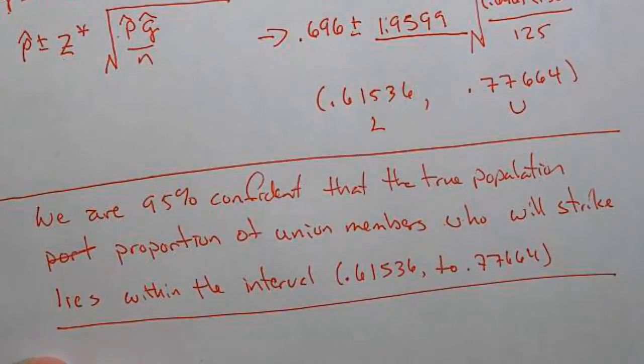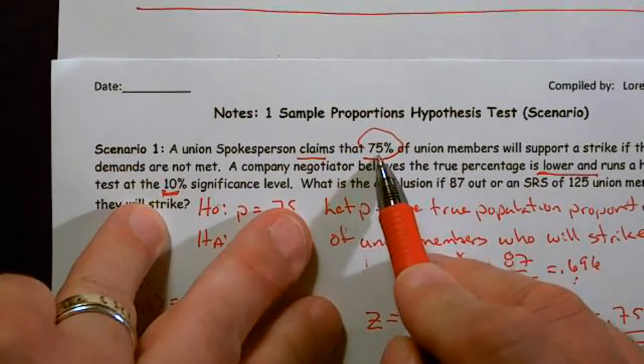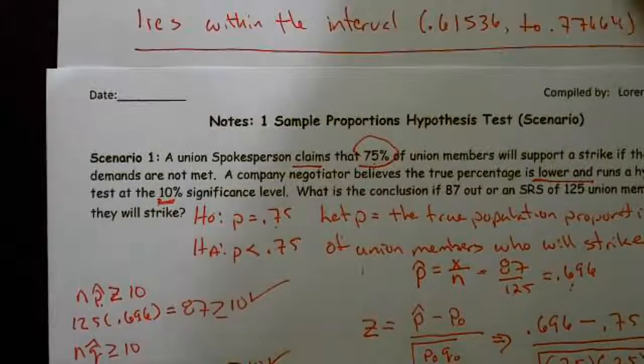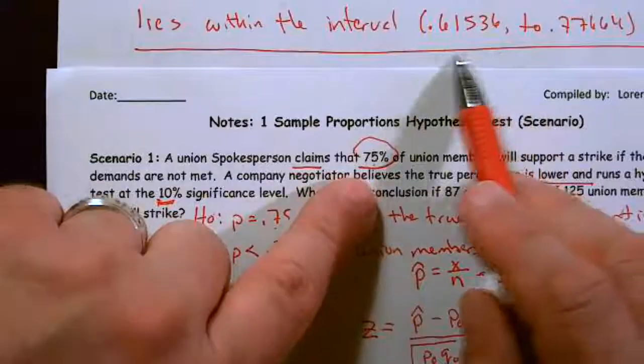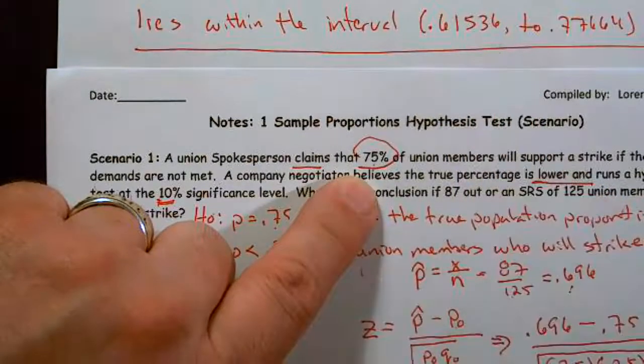Now, what's interesting about that is on the hypothesis test, not on this one, but on a hypothesis test, there was a claim: the union claimed that 75%. Well, 75% lies within that interval. 75% lies within the interval.